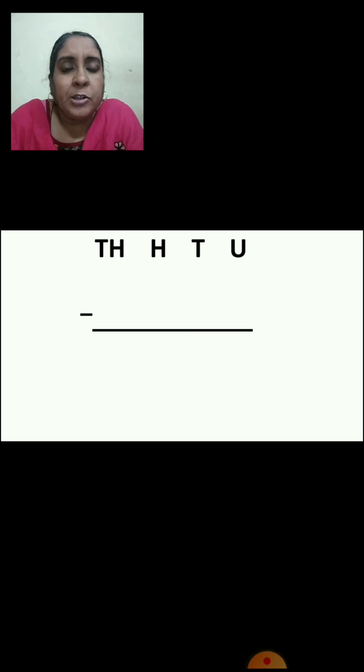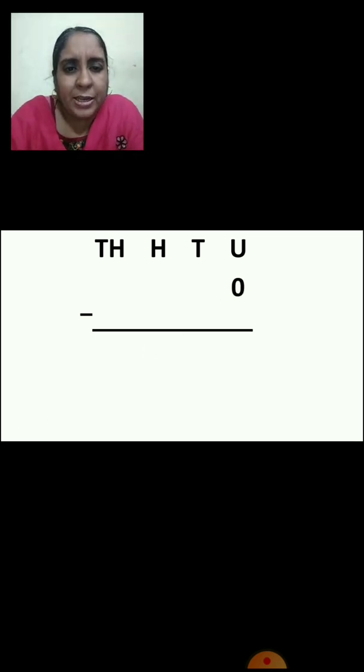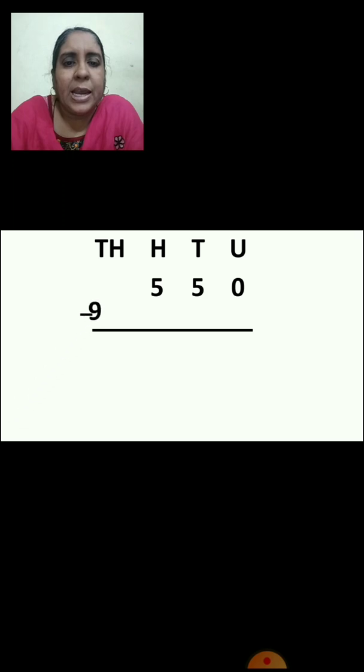Now it is a 4-digit number, right? So you will write the place first, that is units, tens, hundred, thousand. Now let us see which number will come where. Yes, 0 will come in units place, 5 in tens place, again 5 in hundreds place, and 9 in thousands place, right?